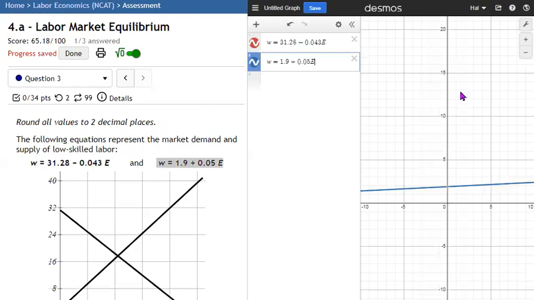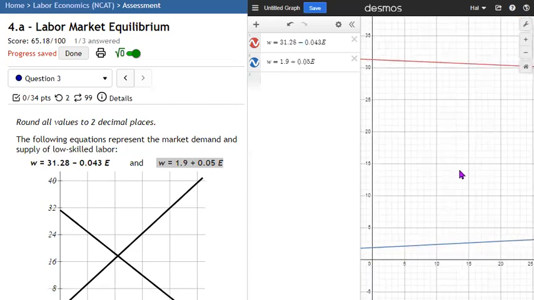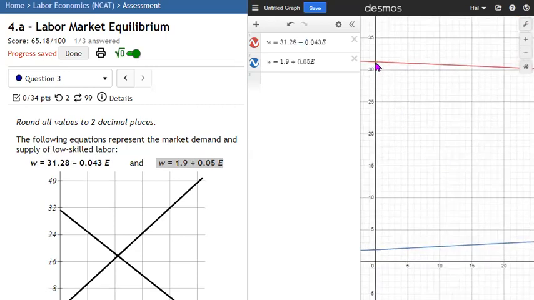Now we've got to fit it over here. So here's our labor demand equation, and here's our labor supply, and they're meeting somewhere all the way over here. So we have to change the settings on the x-axis. The x-axis is E. The y-axis is fine.